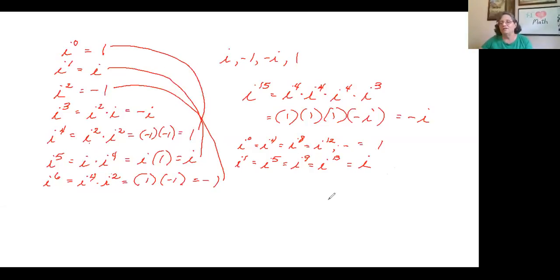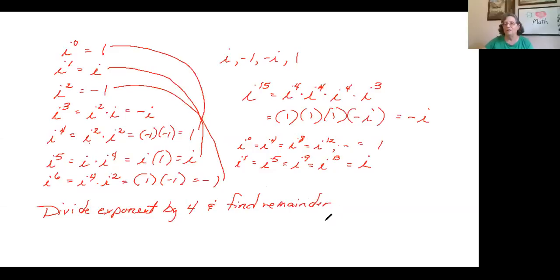Now, the trick to doing this without having to write it all out is to just divide the exponent by 4 and then see what the remainder is. Remember 4th grade division when you first were told you could divide 17 by 4, not just 16?